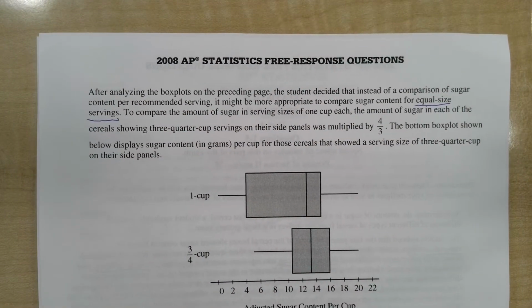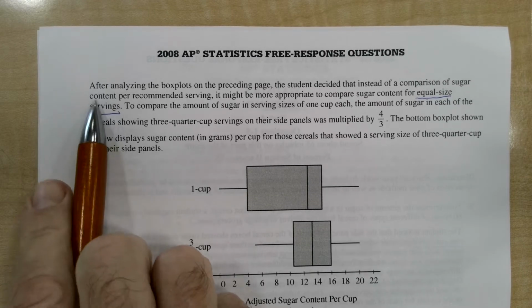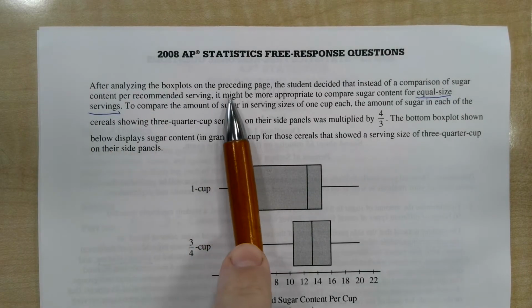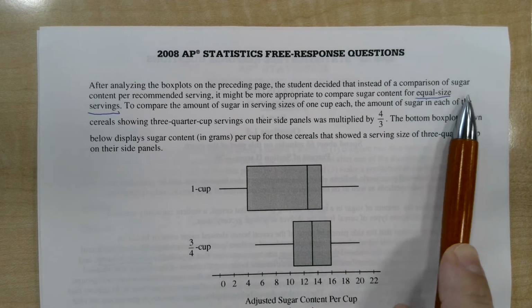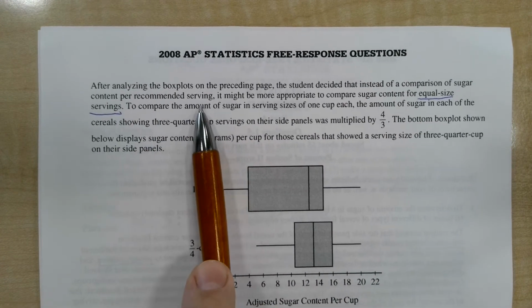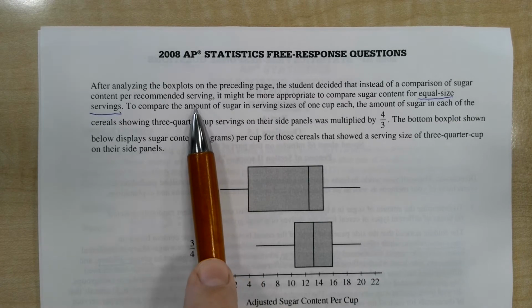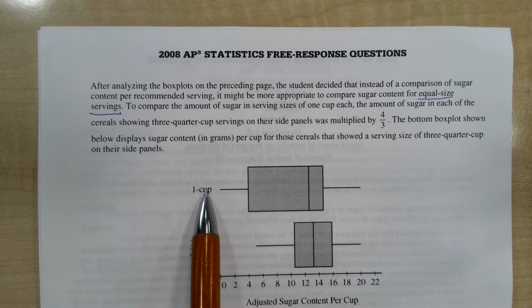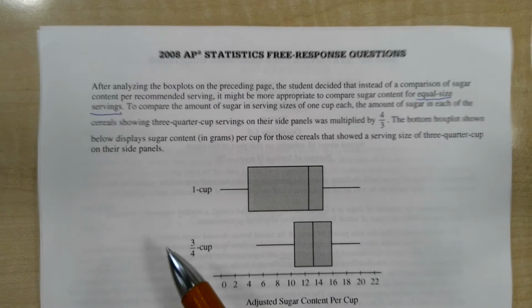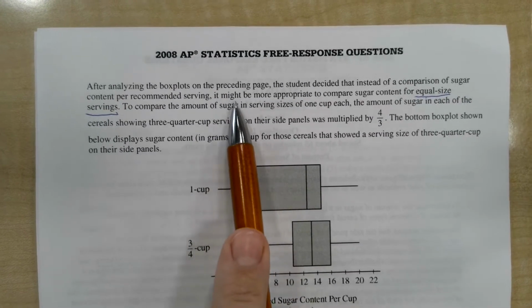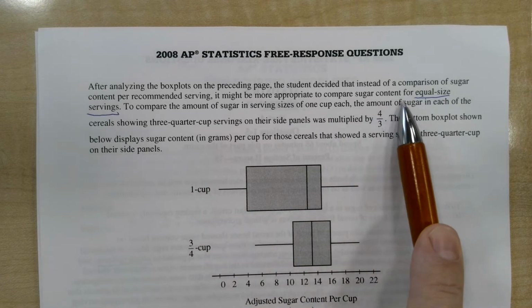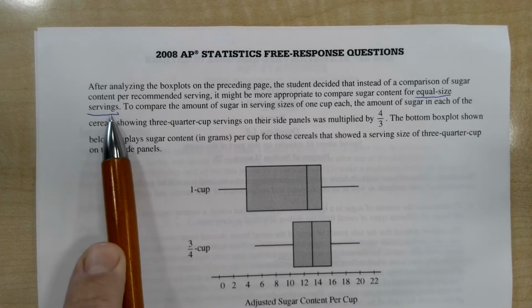Okay, so when you flip it over onto the next piece, after analyzing the box plots on the preceding page, the student decided that instead of comparison of sugar content per recommended serving, because it's a little confounding when you have 1 cup and 3/4 cup servings, it's hard to compare those, because they're different serving sizes. So it might be more appropriate to compare sugar content for equal size servings, yes.